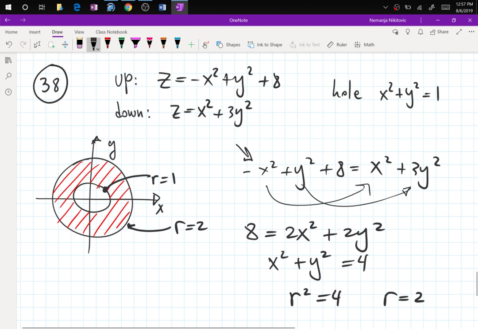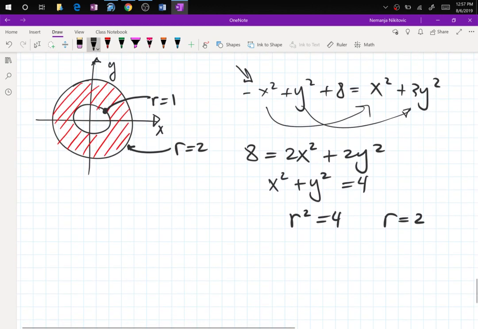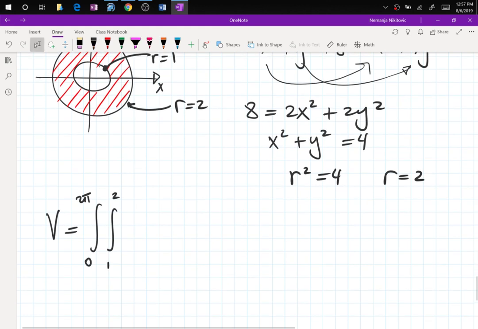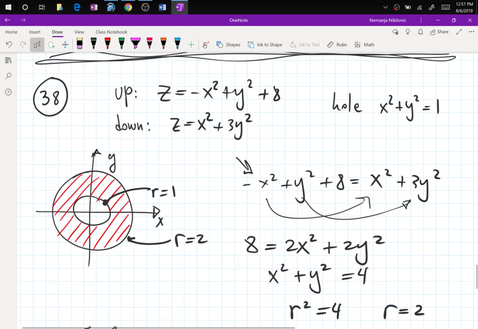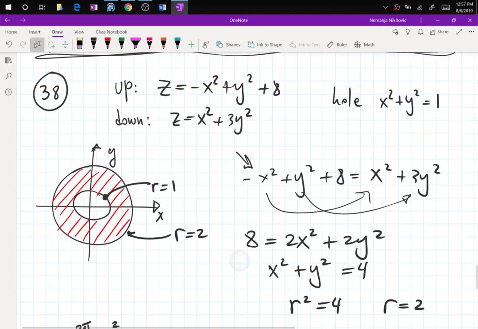And now we are supposed to set up the volume integral, where we go from 0 to 2 pi and then 1 to 2 because it has a hole. And now this is why I wrote up and down, or upper and lower, whatever.